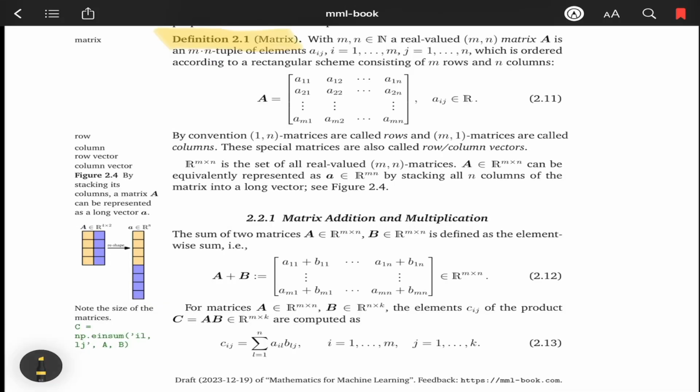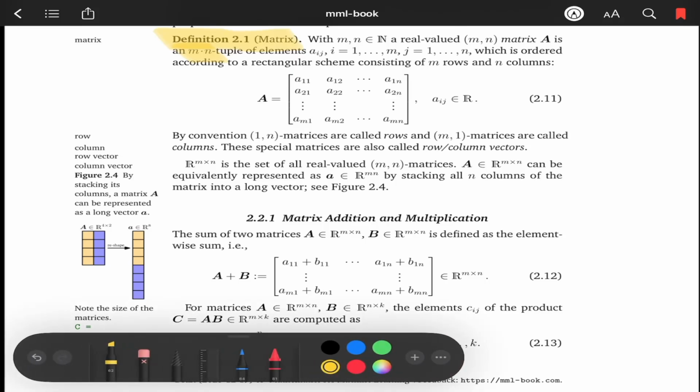Definition 2.1, matrix. With m and n elements of the set of natural numbers, a real-valued m by n matrix A is an m times n tuple of elements a_ij, with i from 1 to m and j from 1 to n, which is ordered according to a rectangular scheme consisting of m rows and n columns.